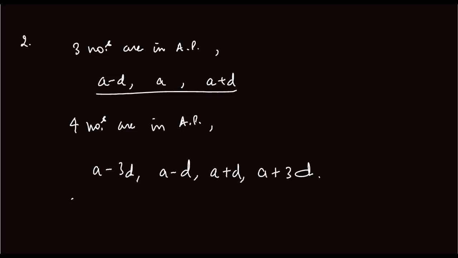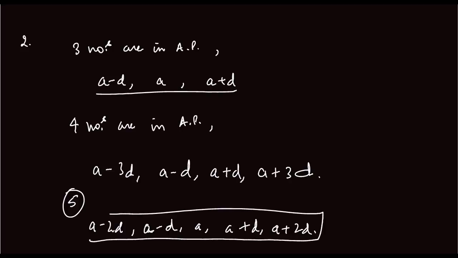If you are given 5 numbers in AP, you can choose A minus 2D, A minus D, A, A plus D, and A plus 2D. You can choose these numbers because they show the same properties.